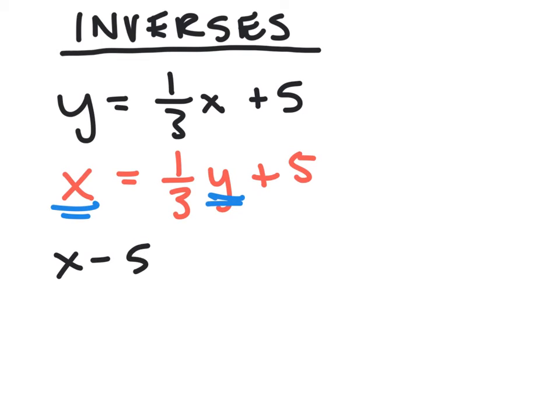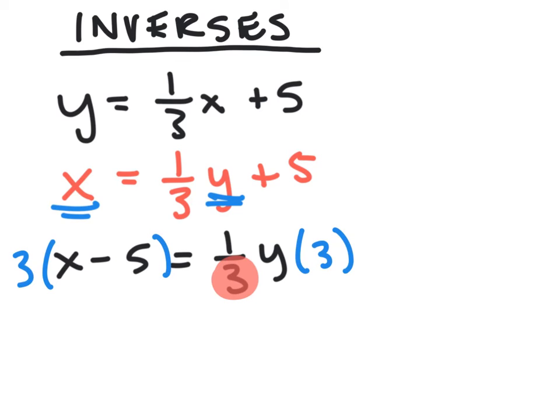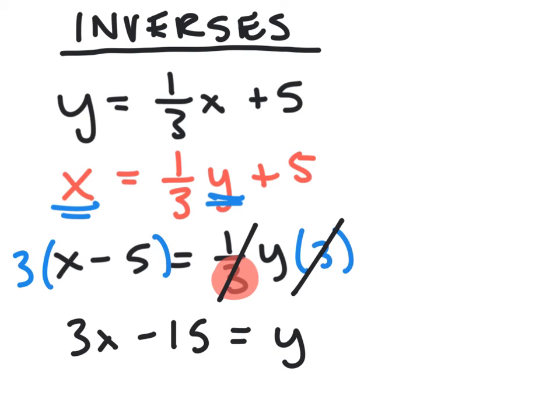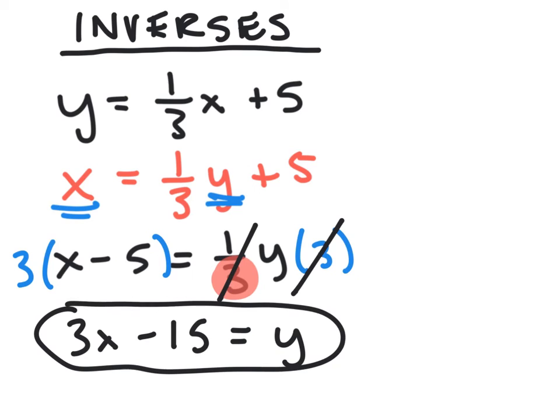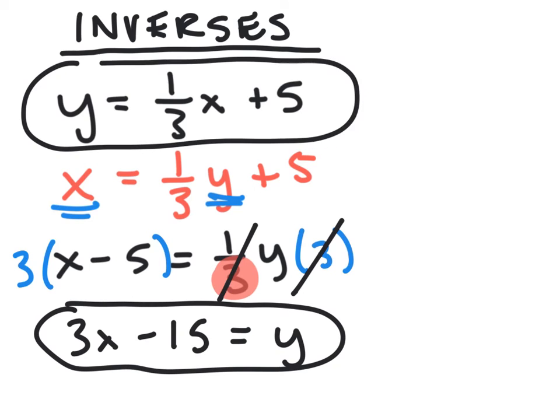So I'm going to subtract 5 from both sides, which puts me to here. Now, how do I undo a division? I do it by doing a multiplication. So I'm going to multiply this side by 3 and this side by 3. And ultimately, I get 3x minus 15 equals y. The reason that happens is because these divide each other out, and this becomes the inverse of this original item.